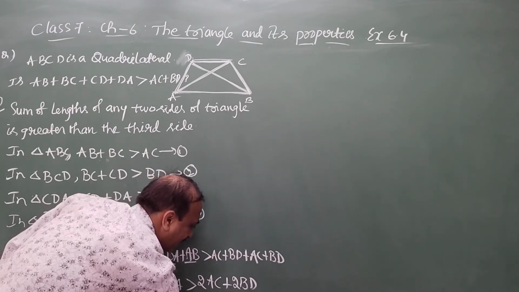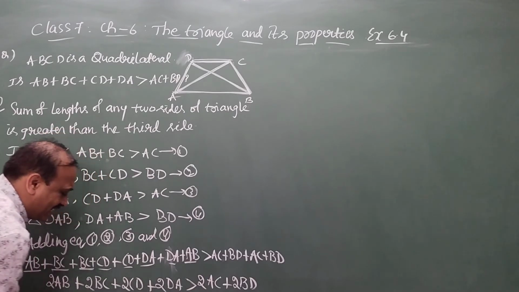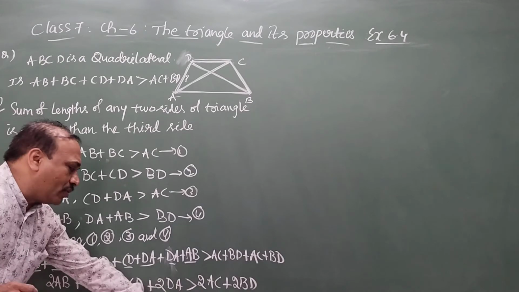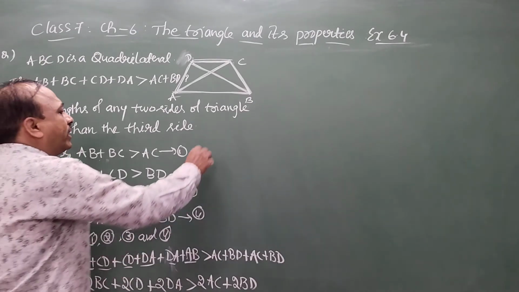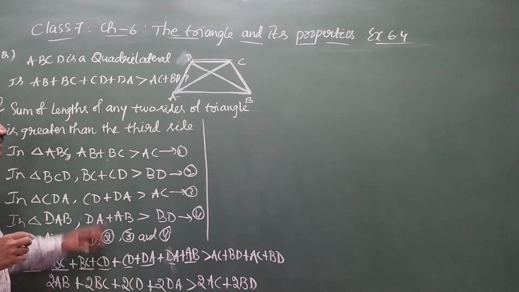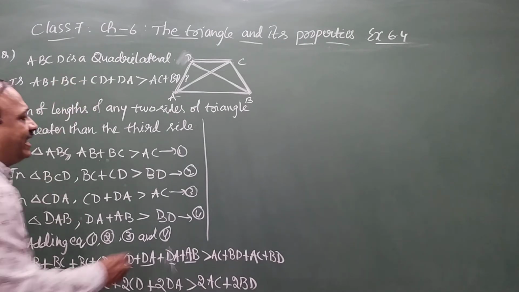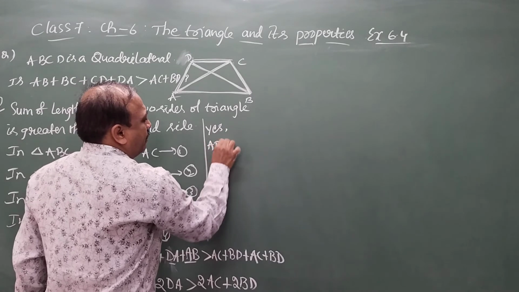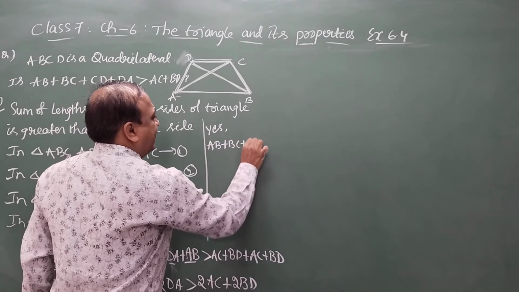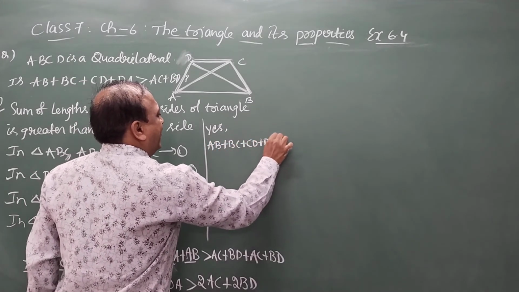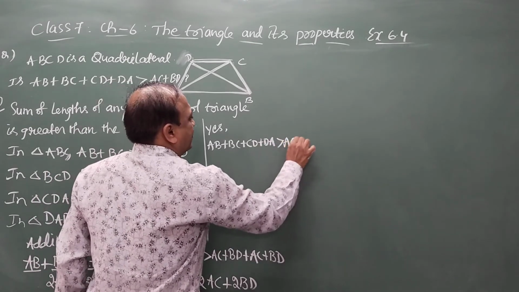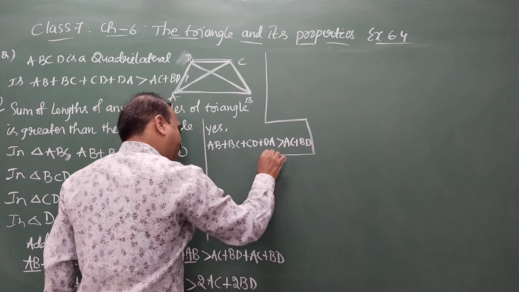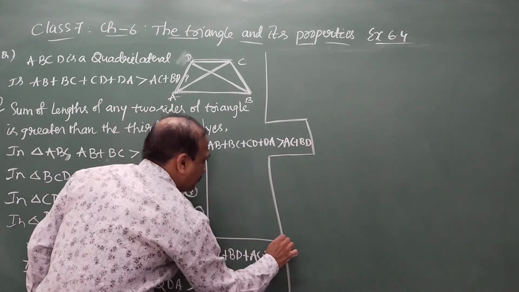Both sides have the same numerical coefficient, so we cancel it, and what is left over is, yes, AB plus BC plus CD plus DA is greater than AC plus BD.